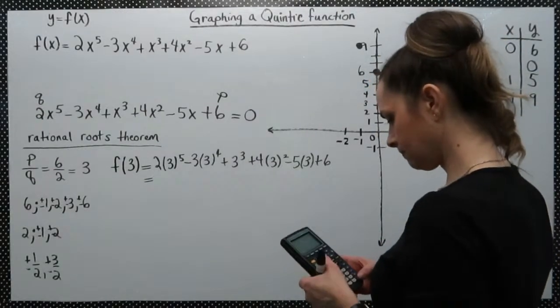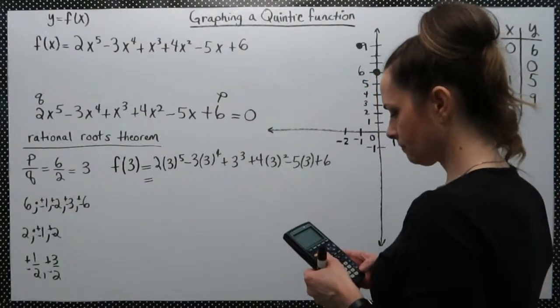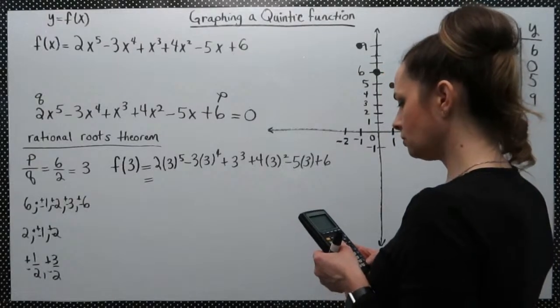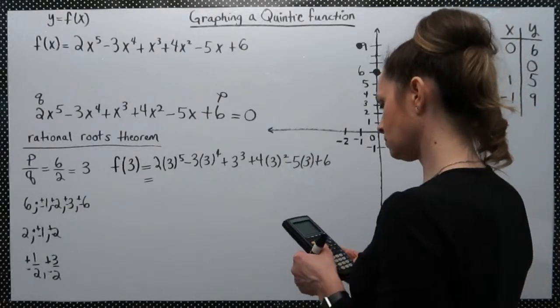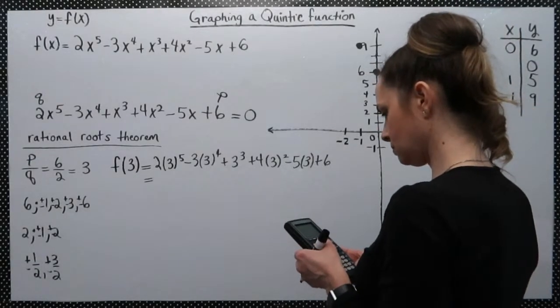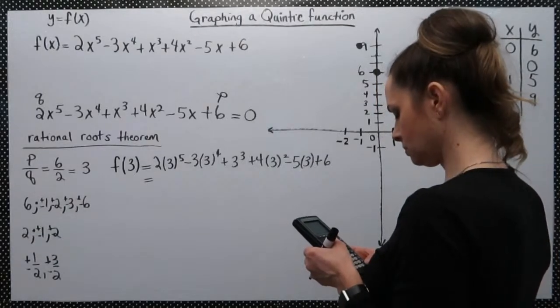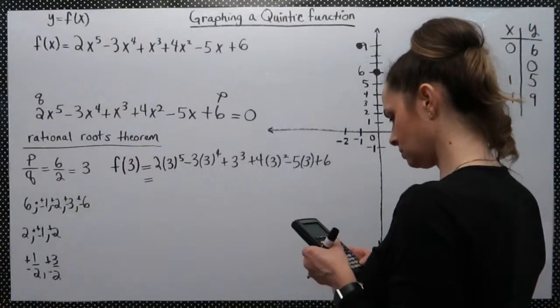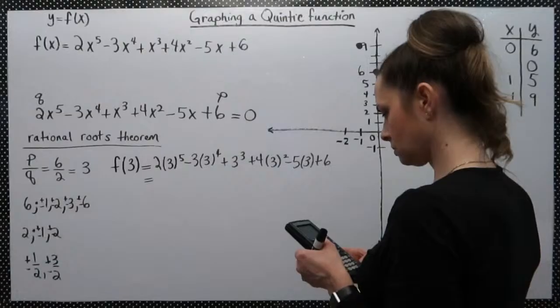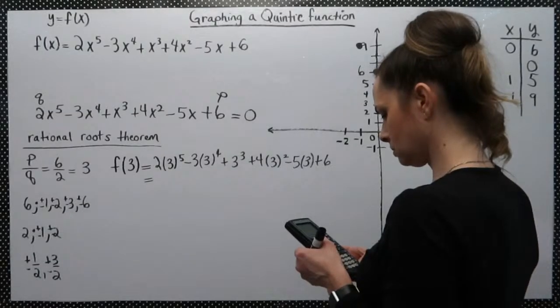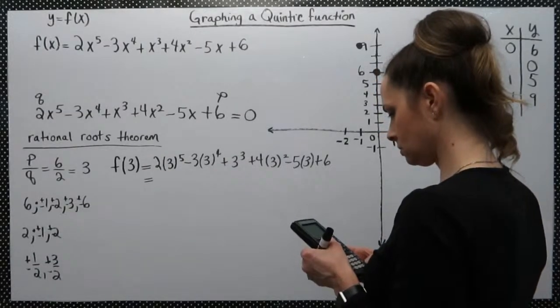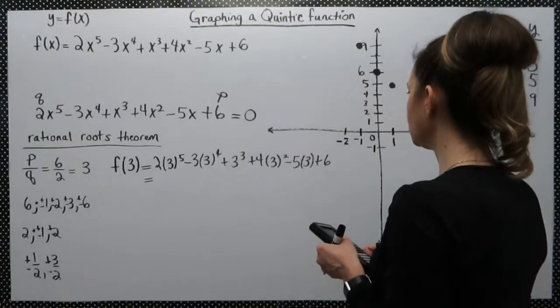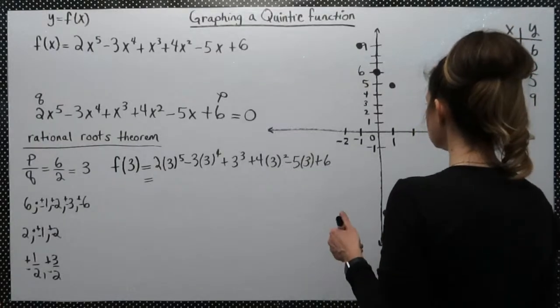Hang on. Yeah, it's at -699. So 3 is not going to be an option.